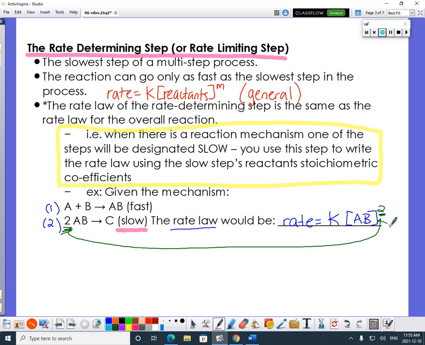Isn't that wonderful? So whatever's in the slow step, so this, there's only one reactant, there's only one term in the rate law. If this step number 1 happened to be the slow step, then you would use A and B. Always however many reactants there are, okay?